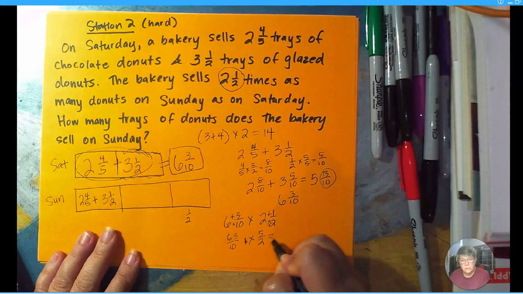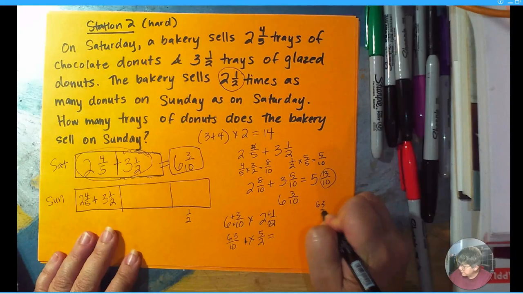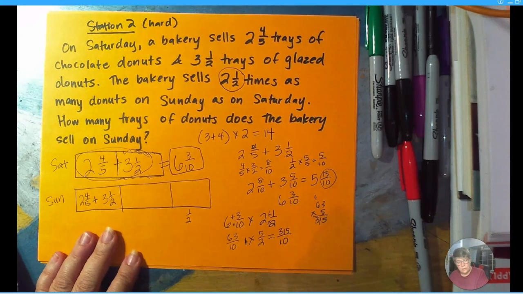Now I'm multiplying, so I'm going to be multiplying straight across. 63 times 5, ooh, that's a big one. 63 times 5, 5 times 3 is 15, 31, 315 tenths. Wow.